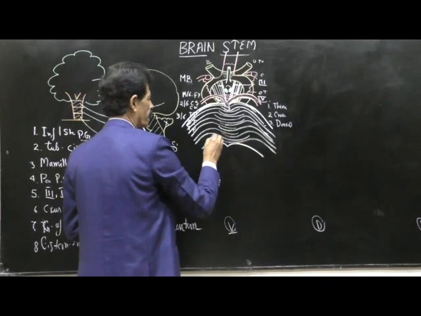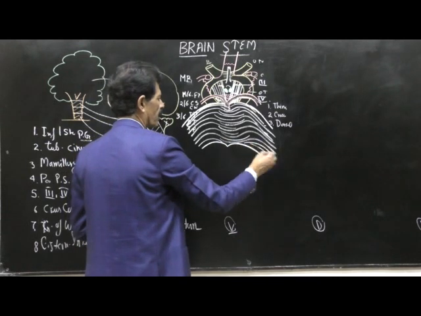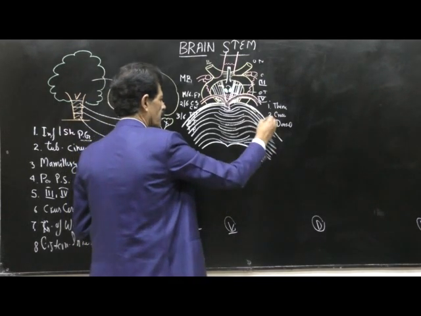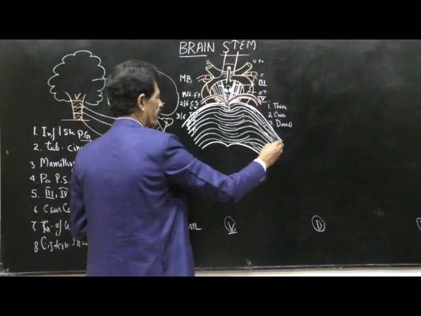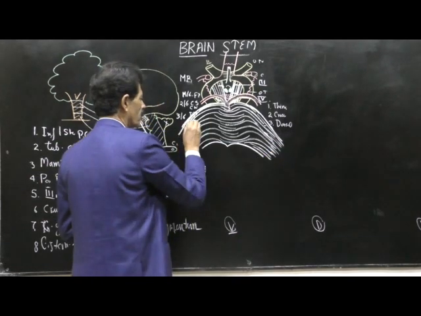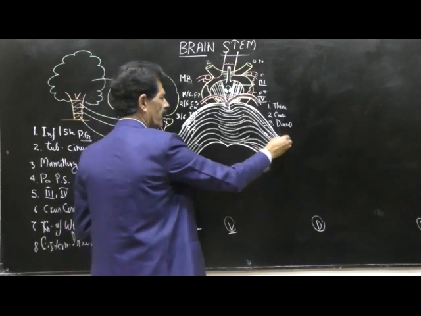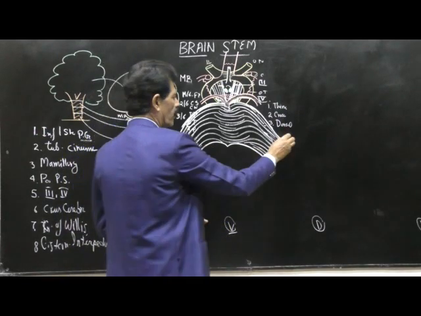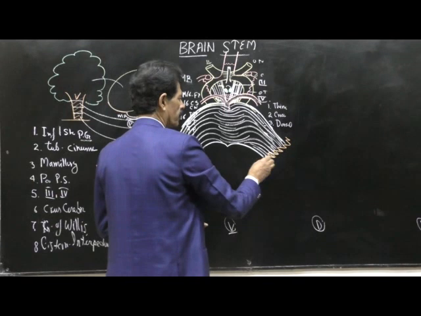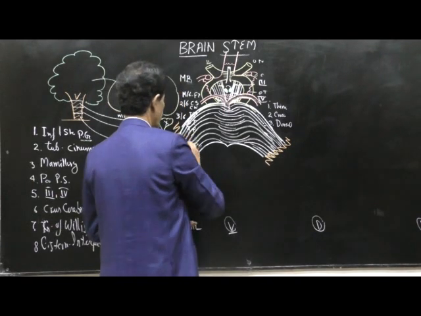All these fibers are running on the surface, and they go laterally, form a compact bundle, they become closer together, like the ponytail of the Barbie doll, and they go into the cerebellum as the middle cerebellar peduncle.